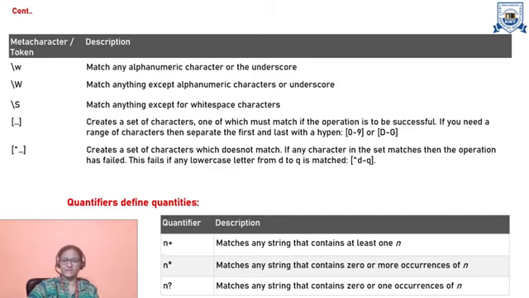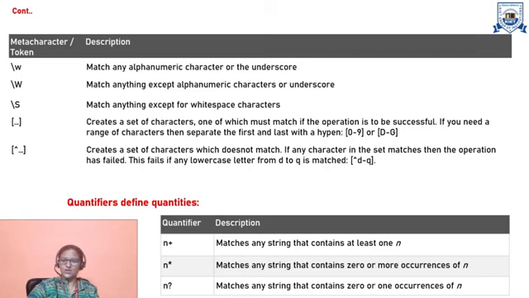Asterisk means it matches any string that contains zero or more occurrences of n. And the question mark matches any string that contains zero or one occurrence of n. It requires zero or one.